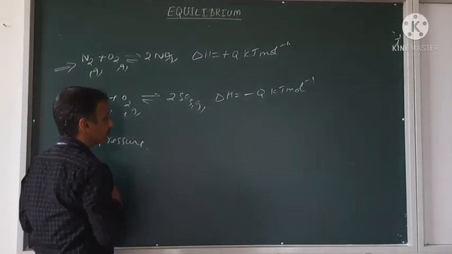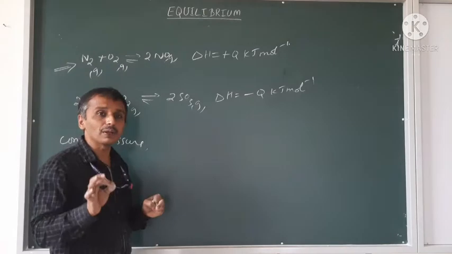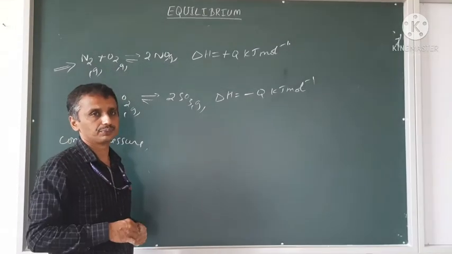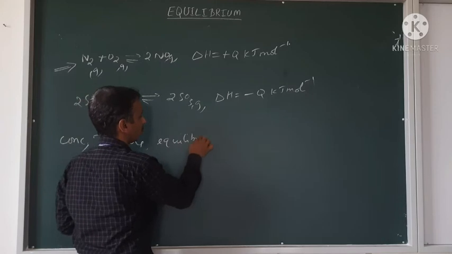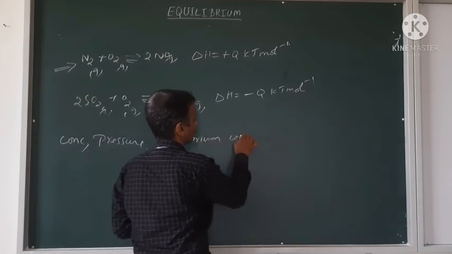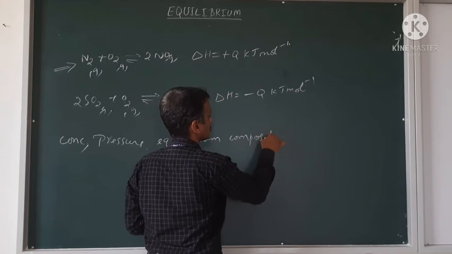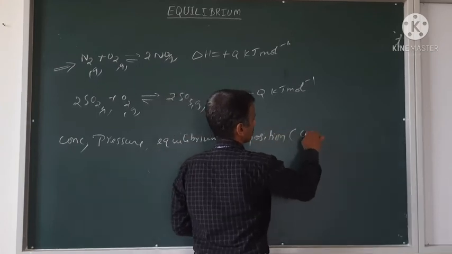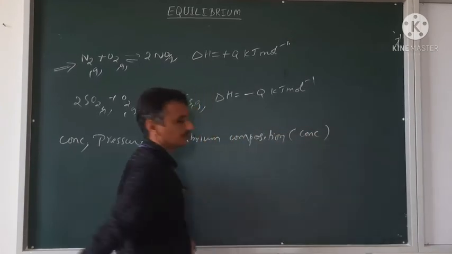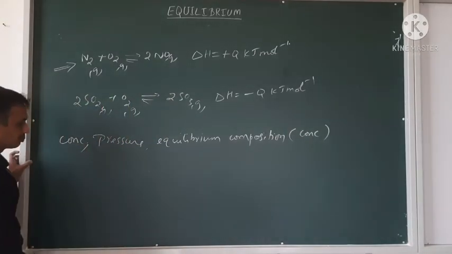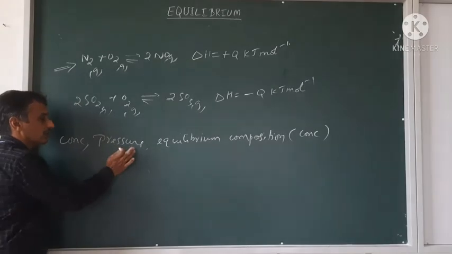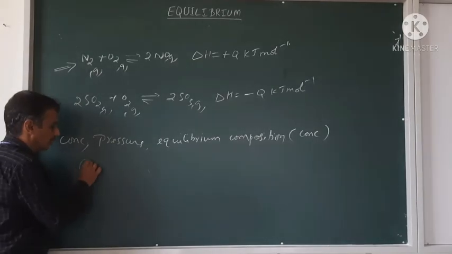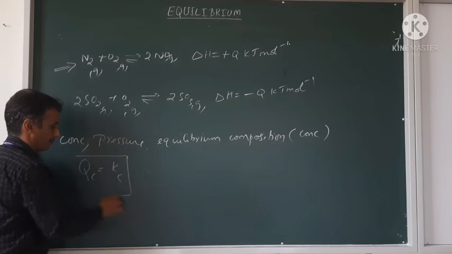What happens? The equilibrium composition will change, the concentration and the pressure will change. Why? When I change the concentration or the pressure, no longer is QC equal to KC.